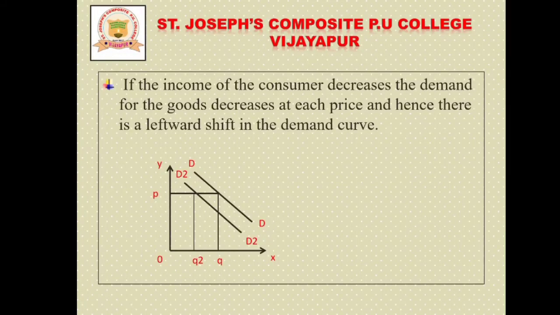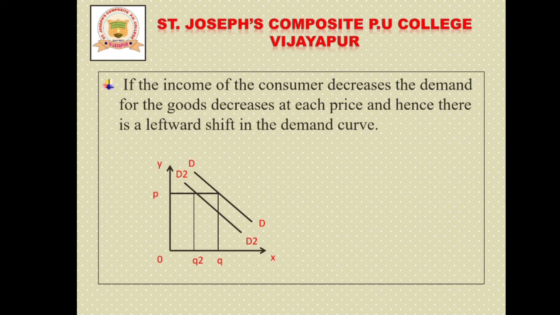Also, observe one more diagram. Again the OX axis and OY axis are quantity demanded and price respectively. Here is the original or initial demand curve, DD, but there is one more new demand curve, D2. D1 is on the right side, and D2 is on the left side.